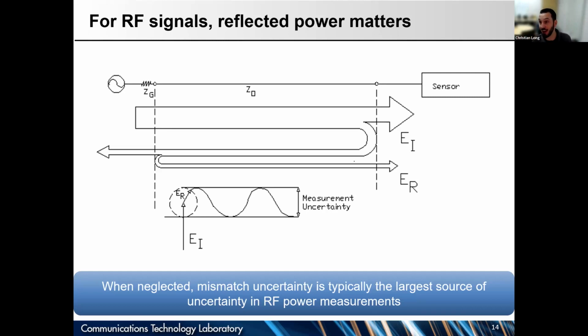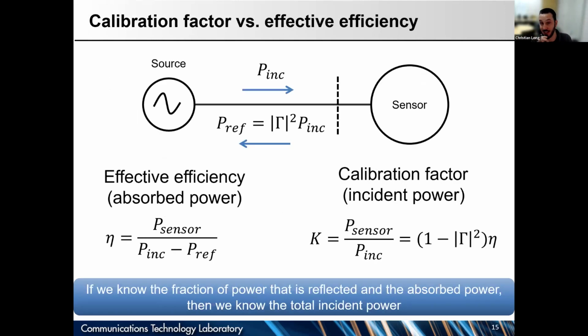If you do carefully consider the mismatch corrections, and some of the most advanced power sensors let you just put in some numbers for reflection coefficients and they'll do the calculations for you, which is quite convenient, then the dominant source of uncertainty is usually the calibration of the power sensor. So how accurately the constants were set that correct the raw power measurements to what the power sensor actually tells you.